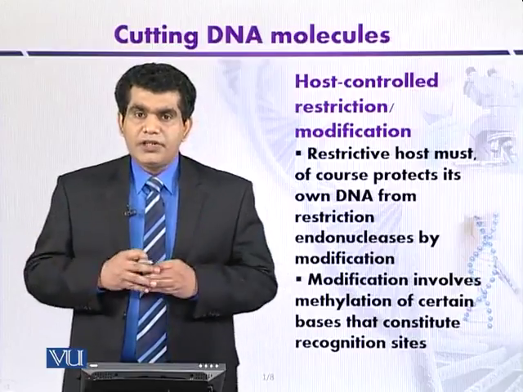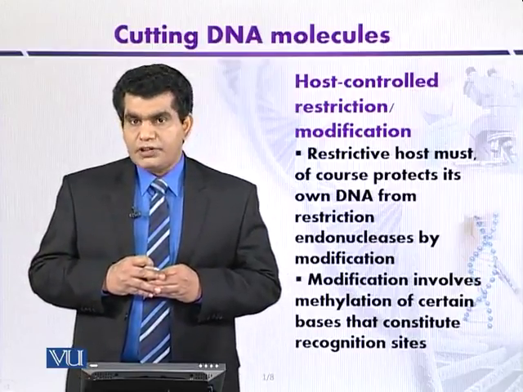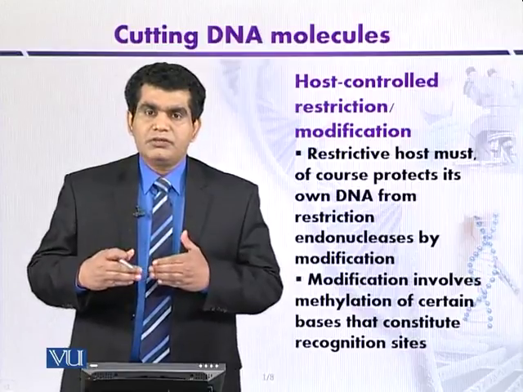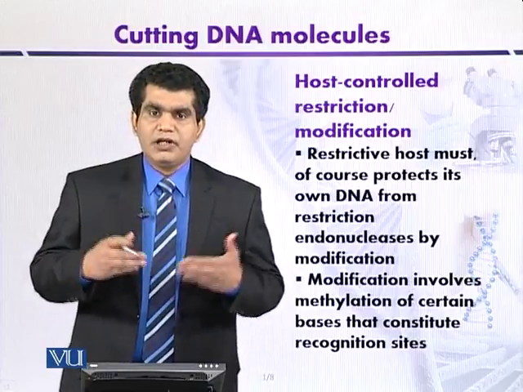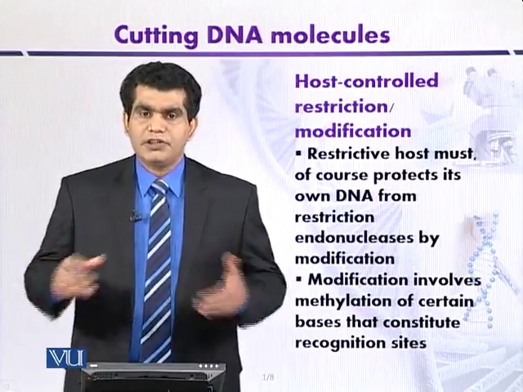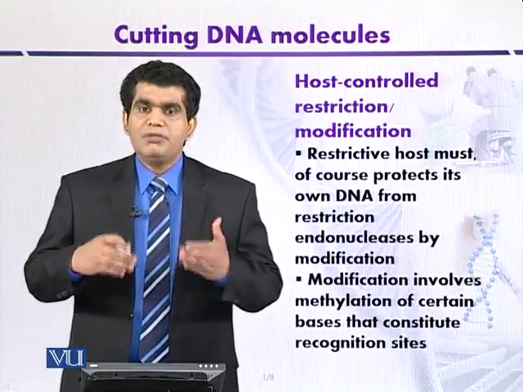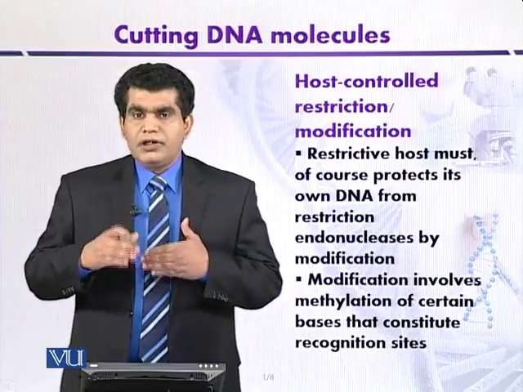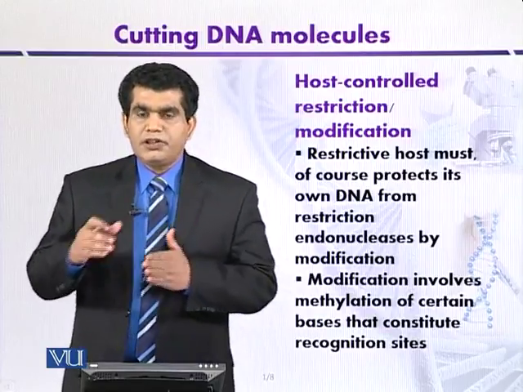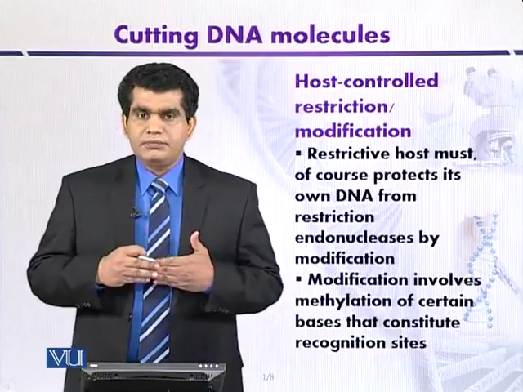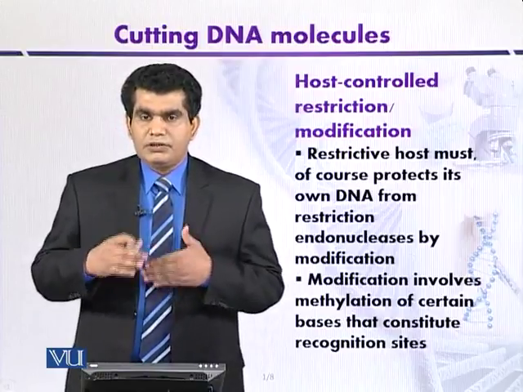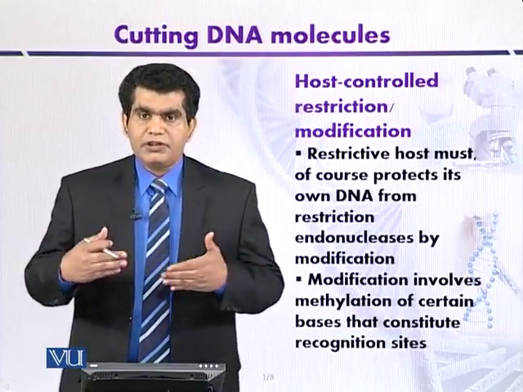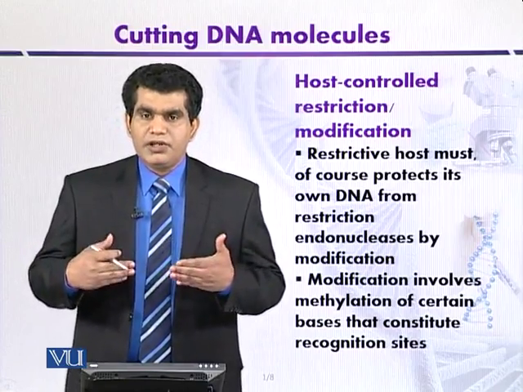So this is one example of restriction and modification, explained with reference to bacteriophage lambda and the host organism like the bacterium. There may be some other examples as well where the DNA transfer from bacteria to bacteria can also be restricted, and just for the sake of convenience we have taken this example of bacteriophage lambda.